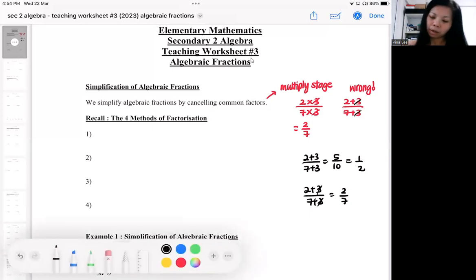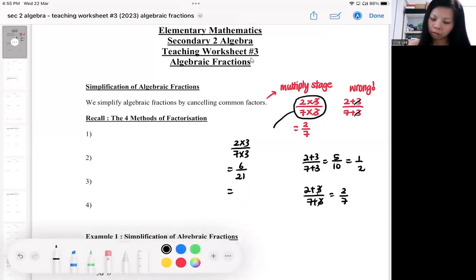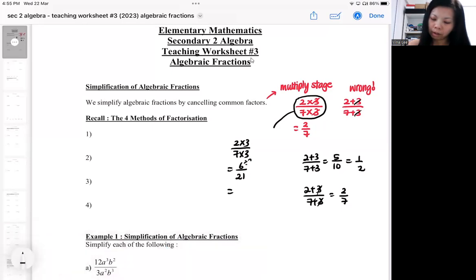If the student never cancels, the student will get 6 over 21, which the student can still reduce by dividing by 3, dividing by 3.